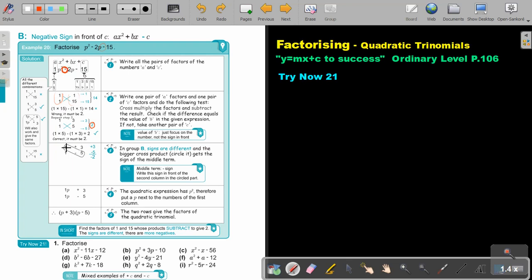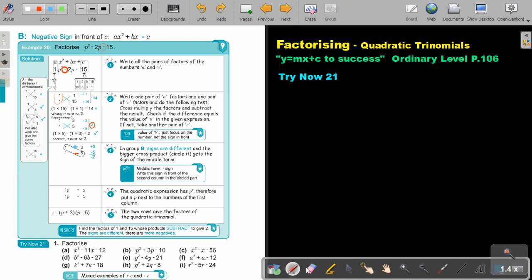Always, this is the first column, this is the second column. Write it in the second column in front of the 5. And because the signs are different, if this is negative, then this one will be positive.